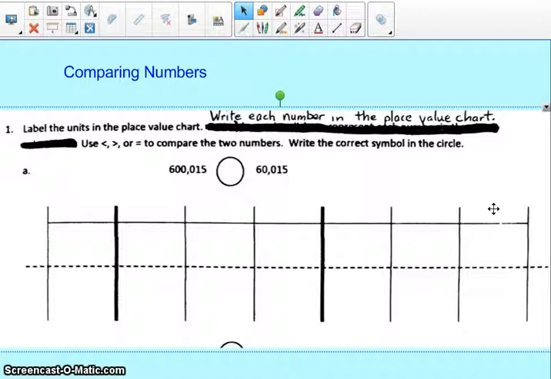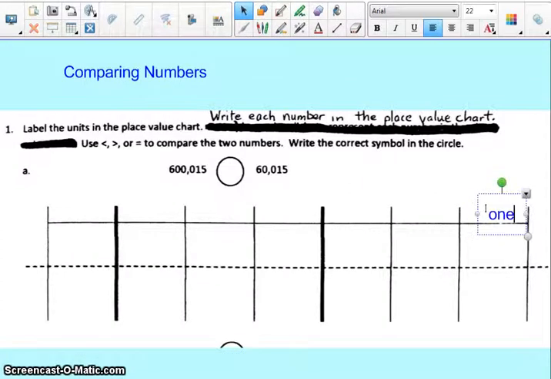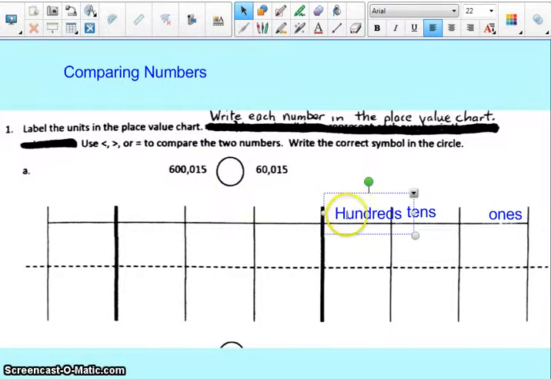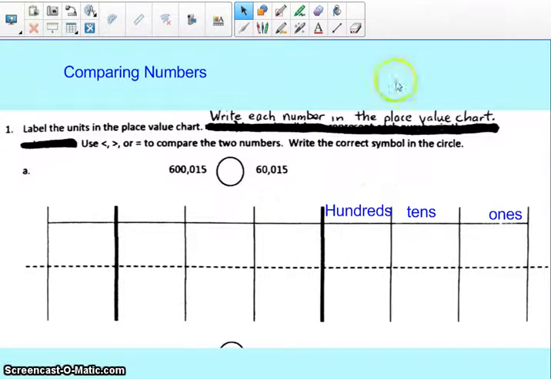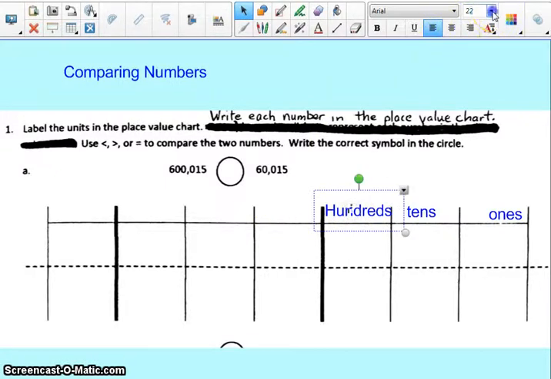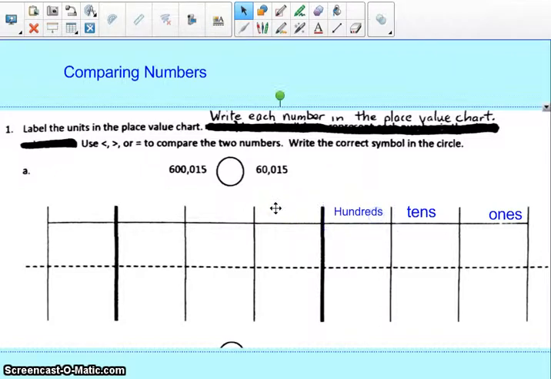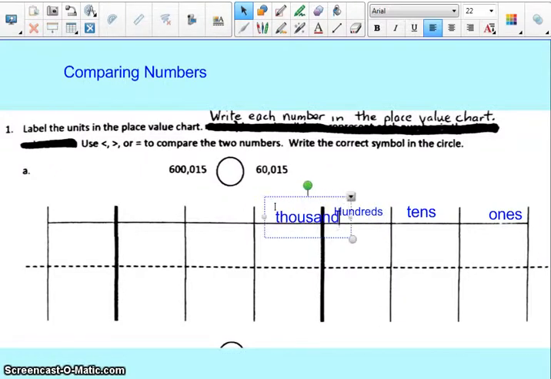So if we start over here in this spot, we know that this is the ones place. We know this is the tens place. We know this is the hundreds place. We know this is the thousands place.